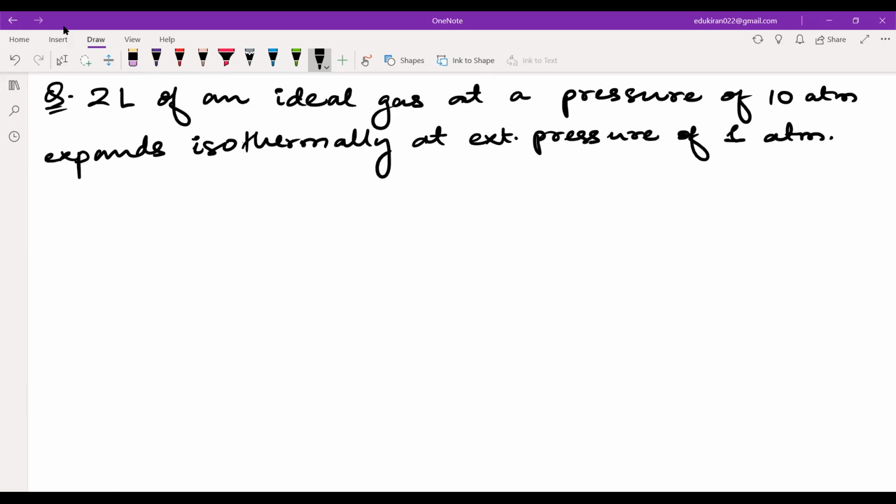So 10 atm is the pressure inside the gas. Okay, 1 atm is the external pressure. Please remember this. And we have also used the word isothermally at external pressure of 1 atm.